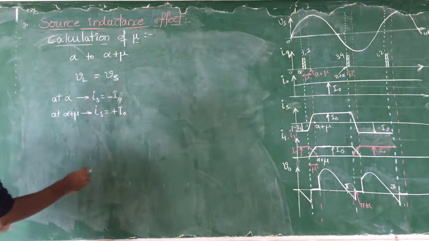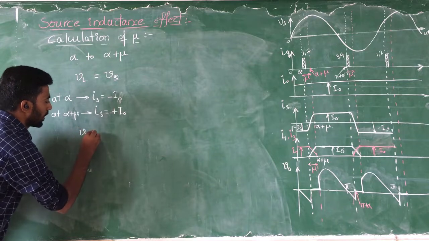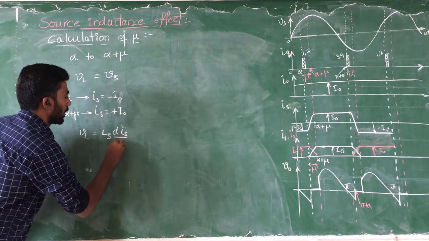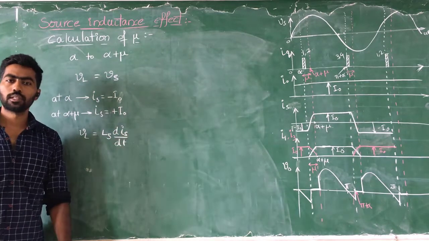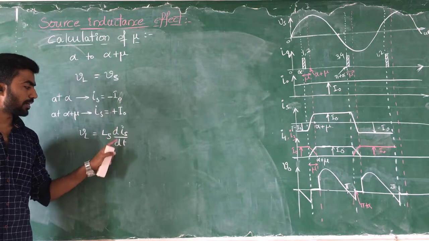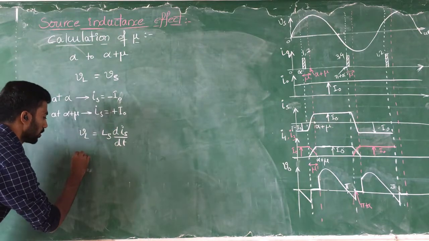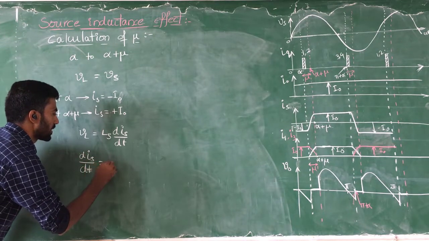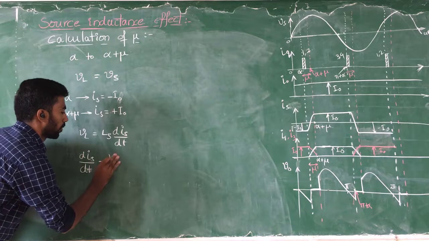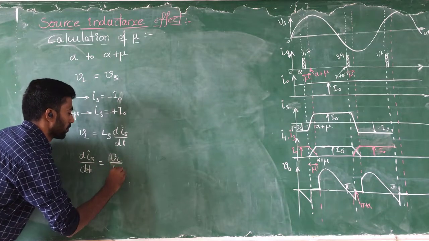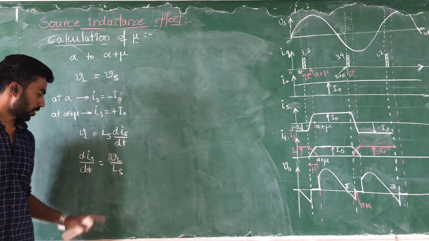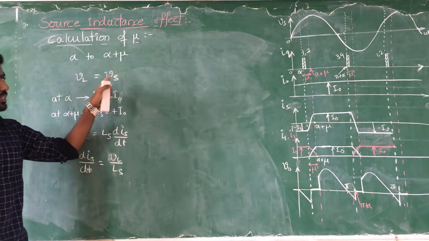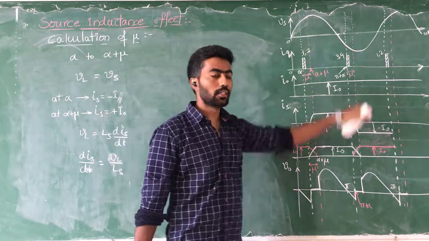Now VL is equal to Ls dis by dt. Clear? VL equals Ls di by dt. So from this expression, dis by dt is equal to VL by Ls. Now here VL is equal to the supply voltage Vs, and Vs is Vm sin omega t.